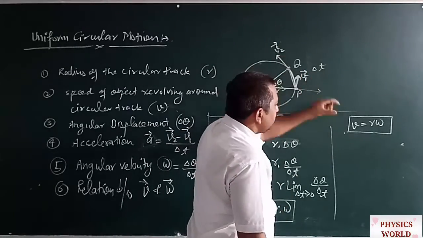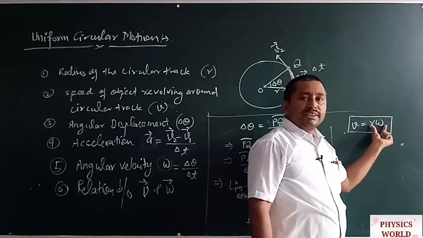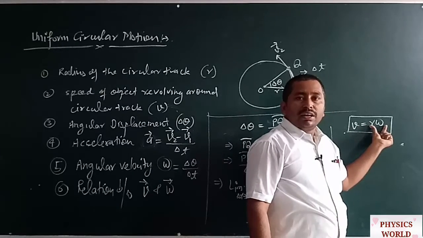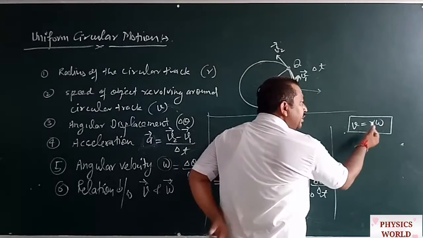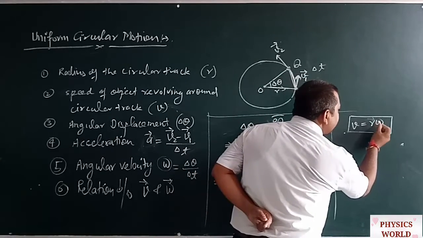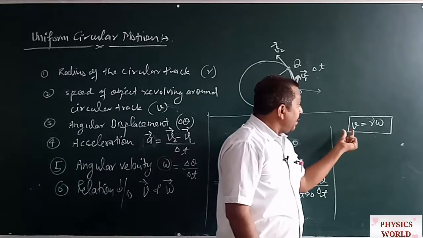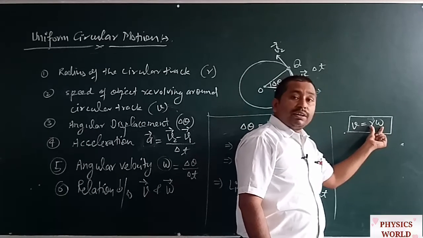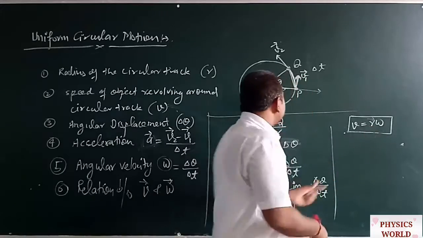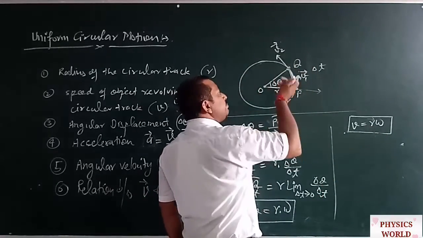So there are two different quantities which are also vector quantities. If we write r in vector form and omega in scalar form, then we would find the direction of velocity is always along the direction of r, which is false. The direction of velocity is always tangential to the circular track at every point.